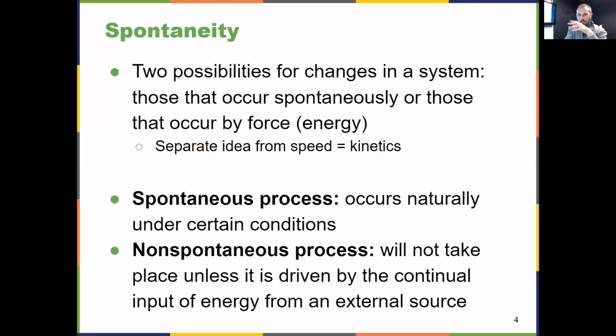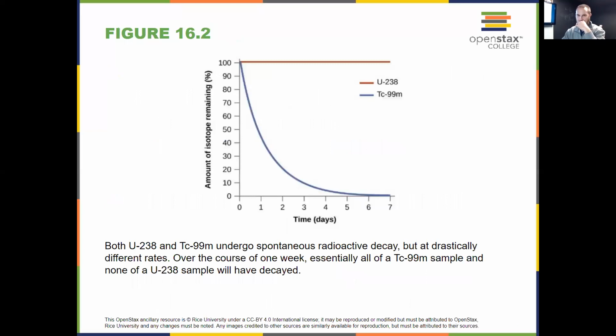And to illustrate the difference between kinetics and thermodynamics, let's think about radioactive decay. Here we're looking at the radioactive decay of uranium-238 and technetium-99. Both of those are spontaneous processes. They occur naturally under the given conditions.